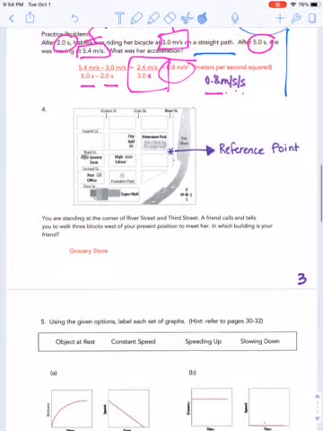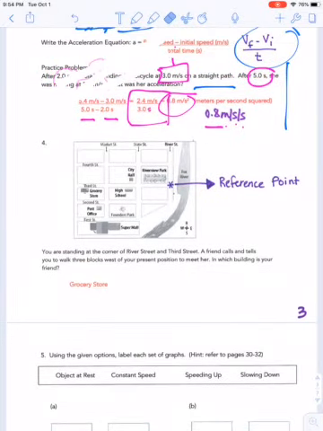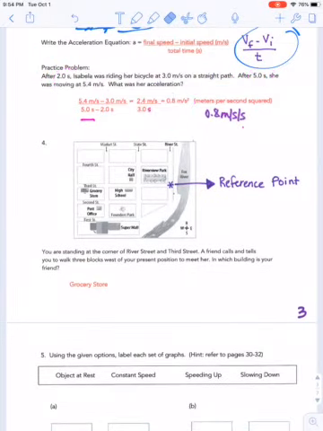So remember when we first started learning how to do this, we would draw our line, and it would help us visualize what we were subtracting. So we would draw our straight line, and we would start to plot the information from our story problem. After 2 seconds, so I'm going to put my time on the bottom because that's what my formula asks for.